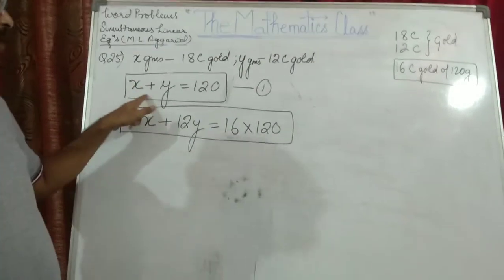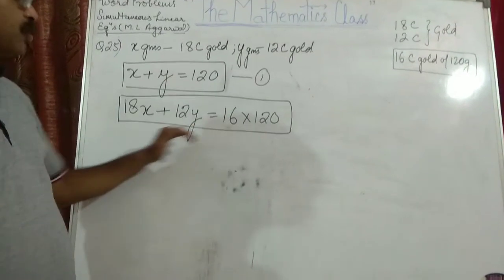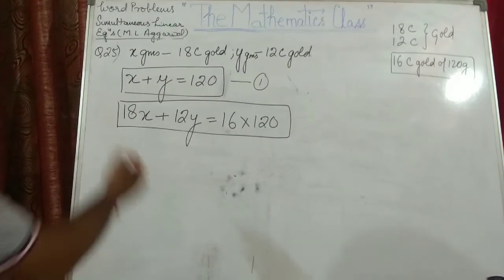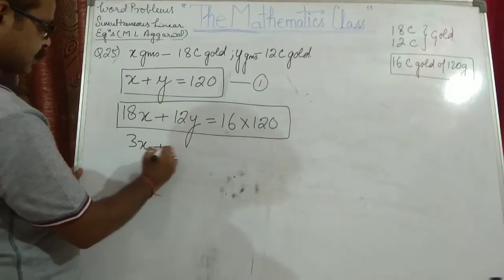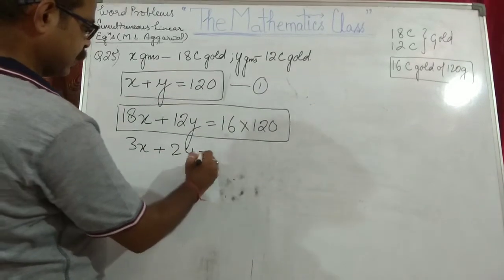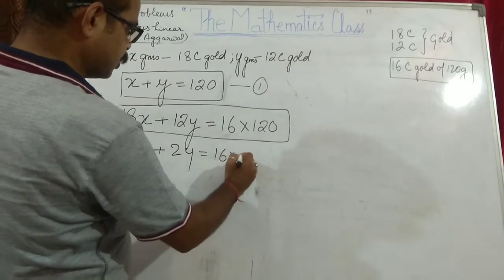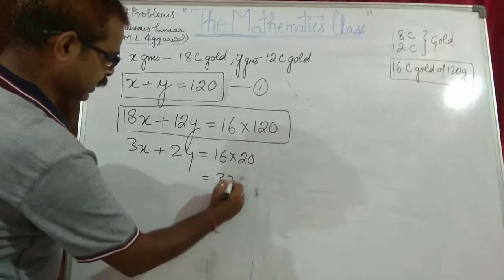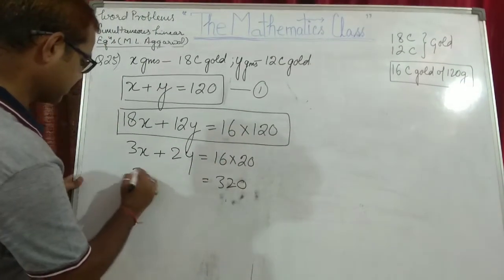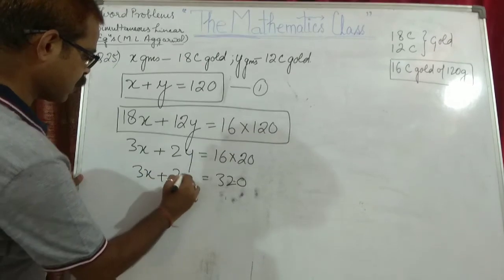Now we need to solve it in the lowest terms. I think this is all divisible by 6. 6 3s are 18, 6 2s are 12, is equal to 16 into 120 divided by 6, that is 320, so 3X plus 2Y.